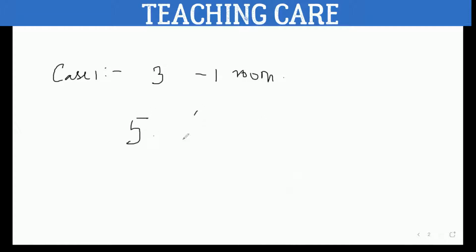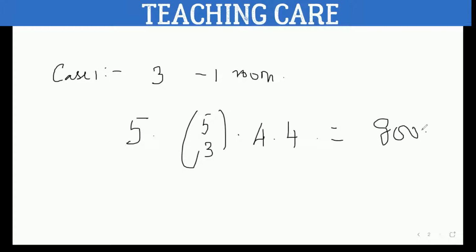It is 5 times 5C3 times 4 times 4. 3 friends are in 1 room, so 5 possible rooms in which this will occur, so 5C3, choosing 3 friends from the 5. And the other 2 friends can be in any of the 4 remaining rooms. So if I do this, one minute, let's see. 800, I'm getting. 800 possibilities are there.